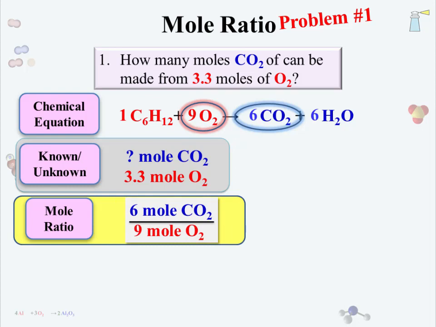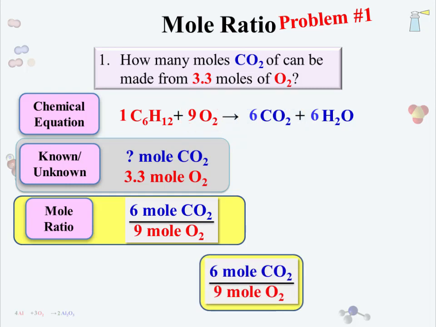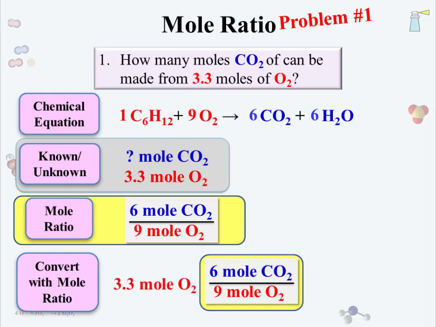The second part of this step is to begin the solution equation with the mole ratio in the center. To convert from amount information about oxygen to amount information about carbon dioxide, we take the given units of 3.3 moles of O2 from the known and unknown setup and place it before the mole ratio.